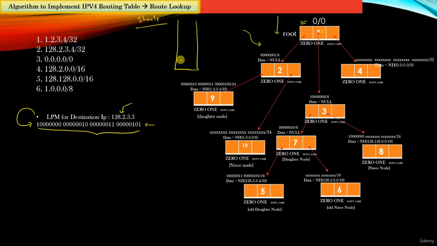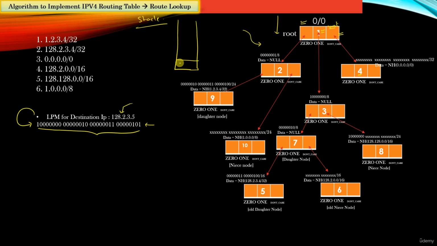Alright, since we are starting our search from the root, in the stack we always push the don't care child of the current node. At this point of time, the current node is the root where we are starting our search from, and the don't care child of the root node is the node number 4.